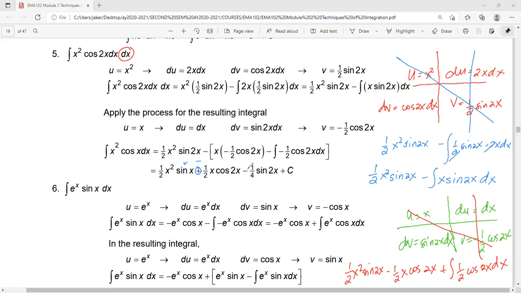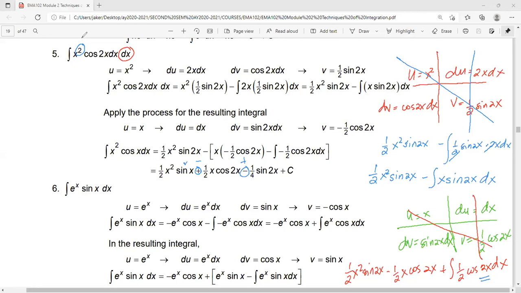You already have 1/2 here, but you needed another 2 for the dx here, for the derivative of this 2x. So that would be 1/4 now, plus 1/4 sine of 2x plus c. So you have done integration by parts twice. Why is that? Because of the degree of your polynomial here, which is second degree.